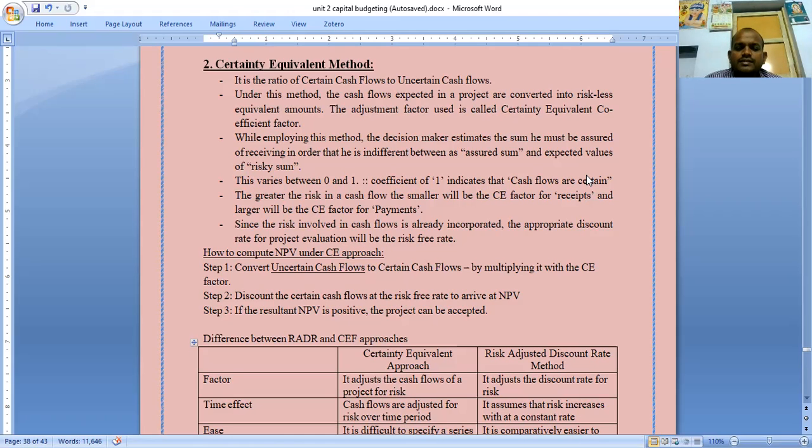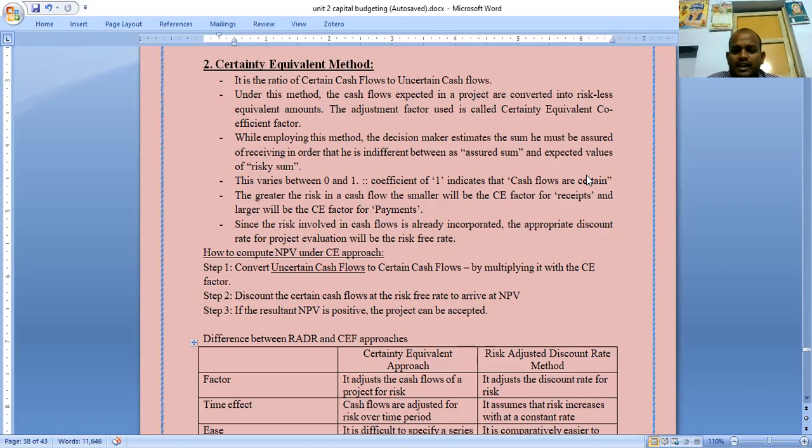See, in simple words, if certainty-confirmed cash flows are there, those projects can be considered. If certainty is not there, if cash flows are uncertain, those are called risky cash flows.